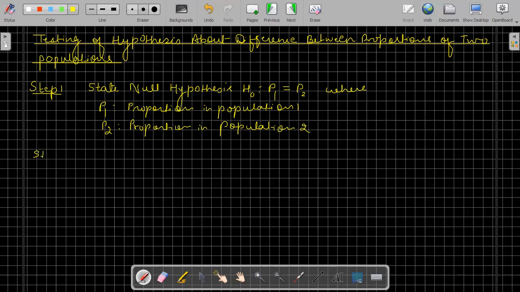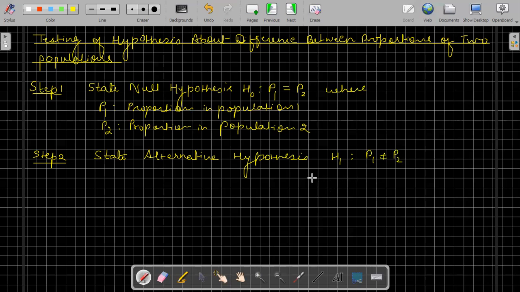Step number 2 is to state the alternative hypothesis. That is always denoted by H1, and that depends upon what we want to test.